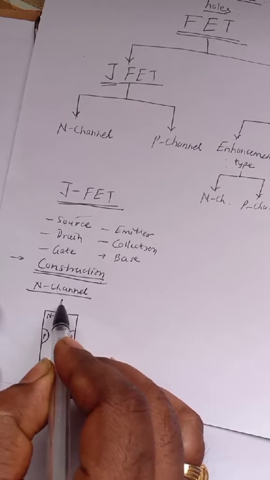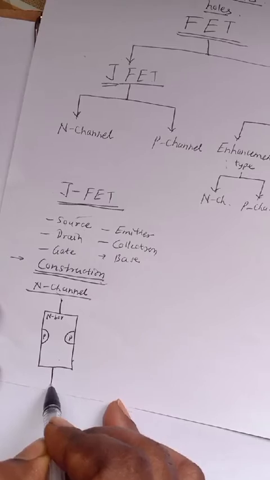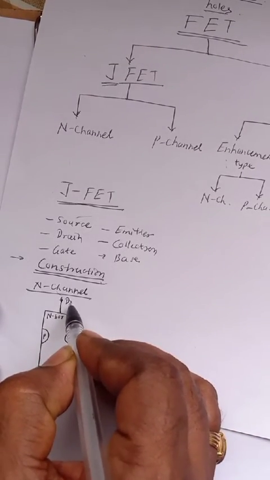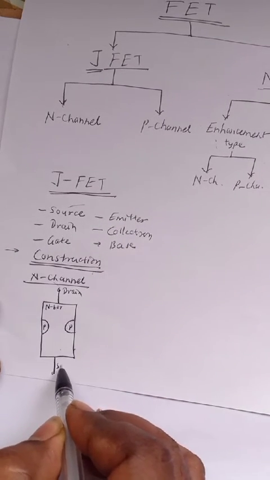So the leads are connected at both ends of the bar. These are named as drain and another one is source.